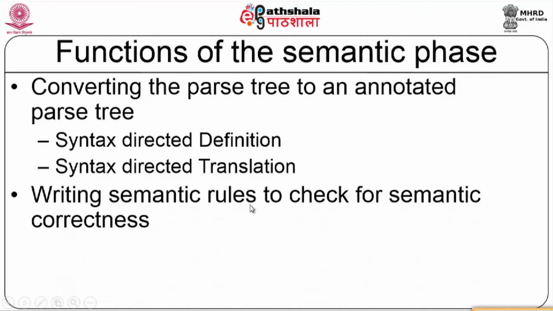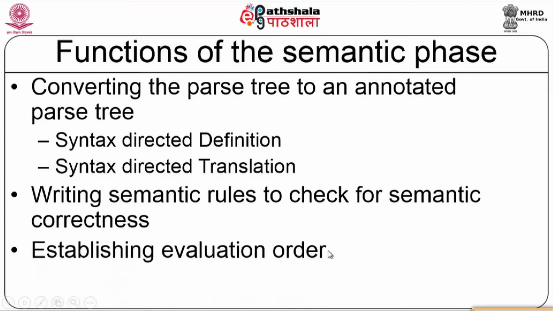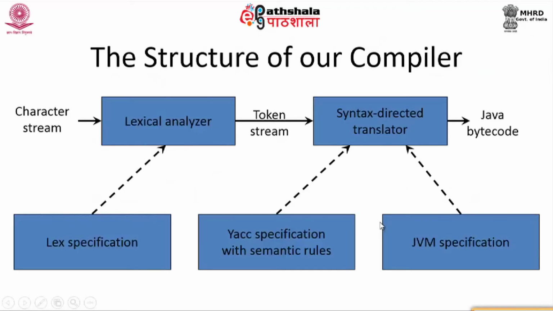And you will be doing this by writing semantic rules for every programming construct. You will also be establishing the evaluation order of a particular grammar construct, and you will also be doing type checking. So, these 4 things are mandatory for the semantic phase of the compiler.